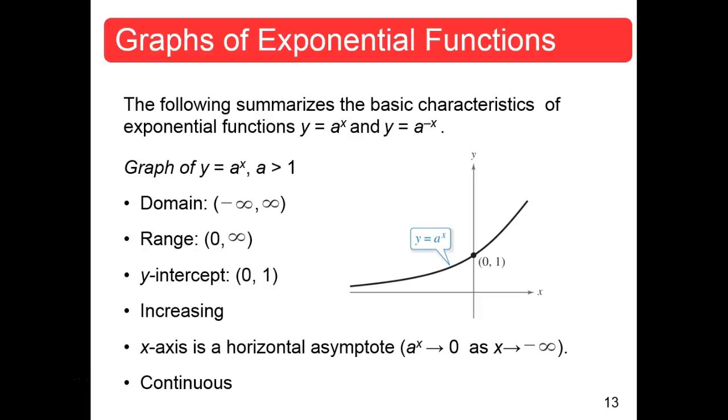Okay? The graph of a to the x for a's greater than 1, domain, all real numbers. Exponential functions are always all real numbers. Okay, the range, yes, but not counting 0. Open at 0, never reaches 0.